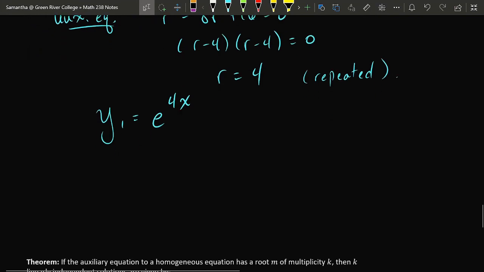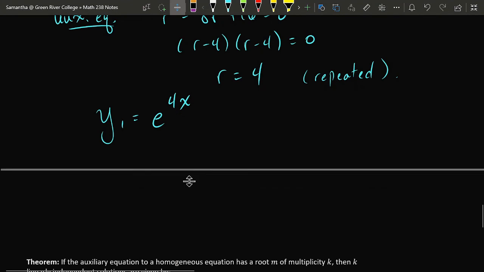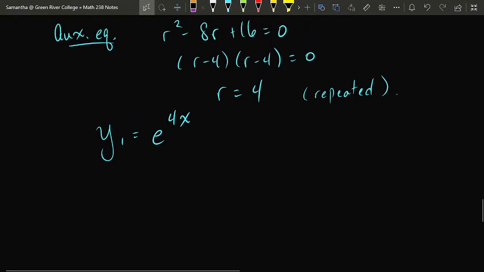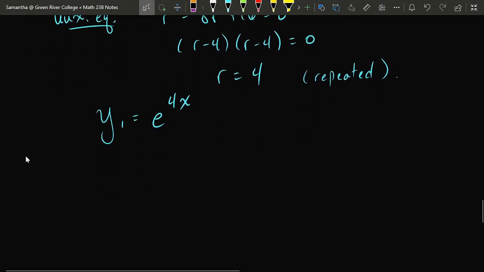So let's try and figure out what the second linearly independent solution would be. Now, when you know one solution to a differential equation and you want to find the other solution, the technique that we introduced a few days ago was to try reduction of order.